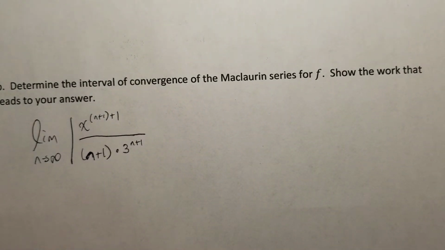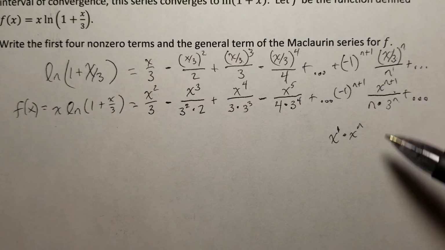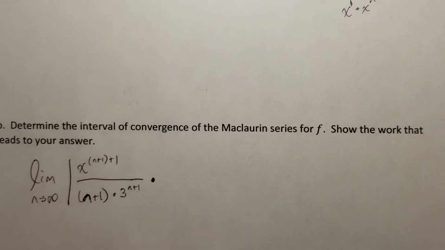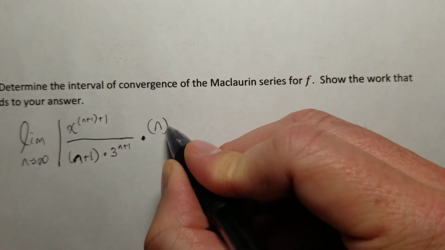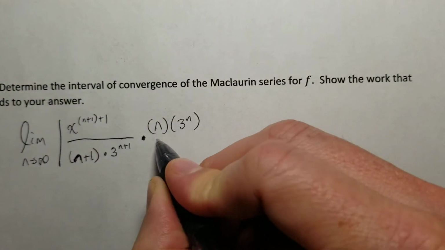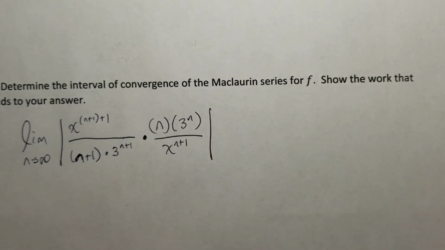Now, we would normally divide by the general term here, right? We want each successive term to be smaller and smaller, but I'm going to go ahead and show it as a multiplication by the reciprocal. So I'm going to have n times 3 to the n over x to the n plus 1.